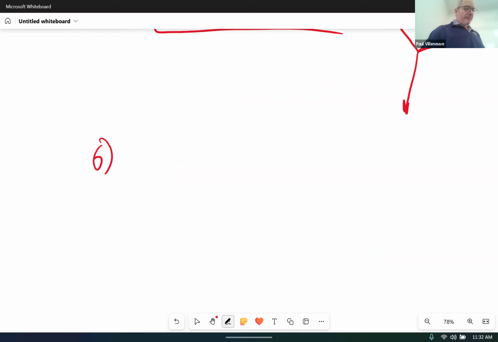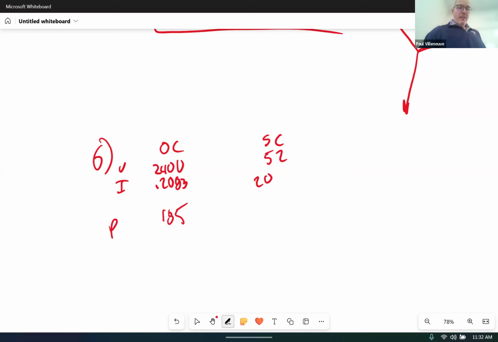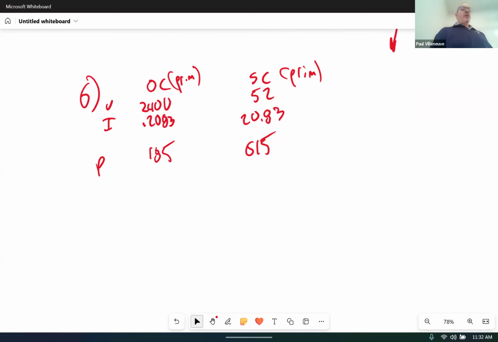I have open circuit: this is V, I, and P. And these were both shown on the primary, or the high voltage side. So these were both on the high side, so I didn't make you have to do any conversions. So the very first thing we need to do is the power triangle.